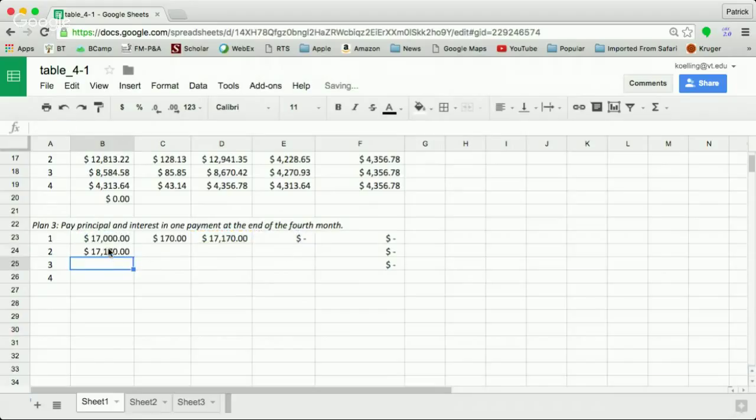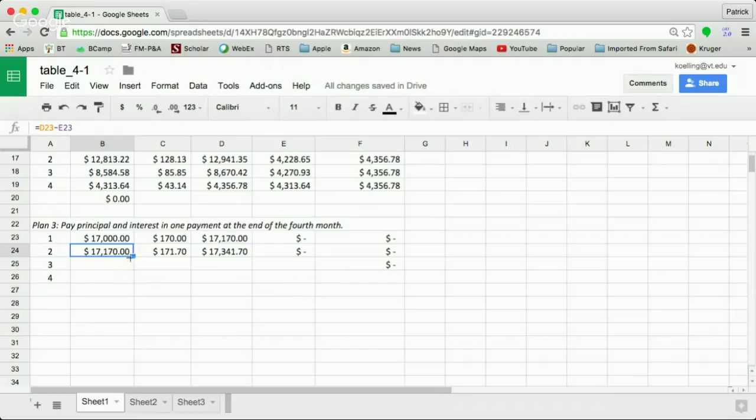We owe $17,170. The interest on that now is going to go up because we owe interest on a little bit more money than we did before. So we owe $17,341.70. We're going to pay nothing.